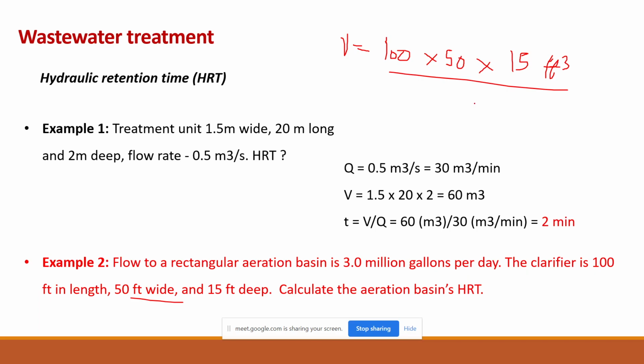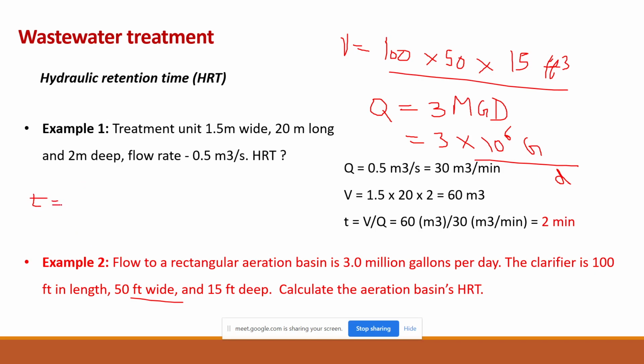After obtaining the volume, first see about the flow rate. So flow rate is 3 million gallons per day. Fine. So what is this? This is 3 into 10 to the power 6 gallons per day. Right? So now what next has to be done is you have to divide the volume by flow rate.